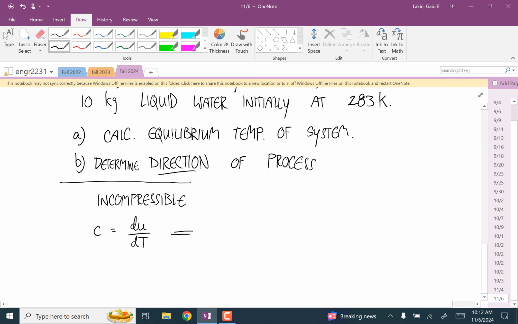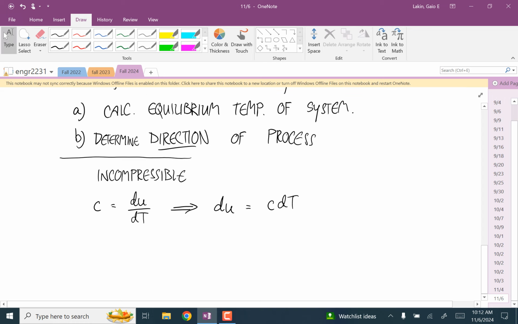And so du is equal to C dT. And so the change in specific internal energy is equal to C times the change in temperature.